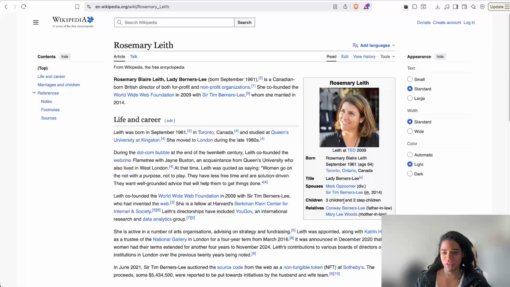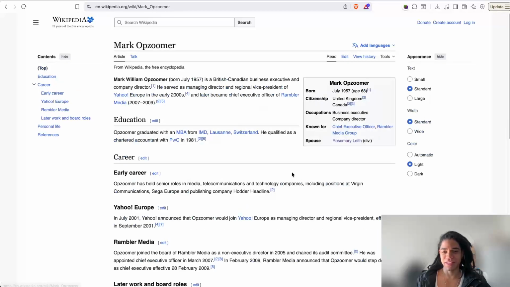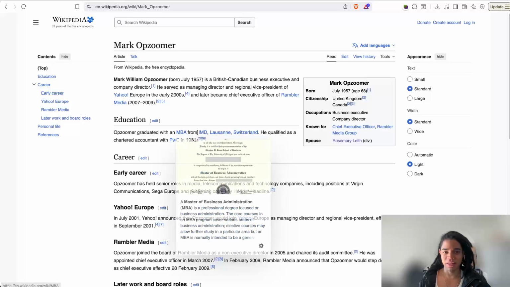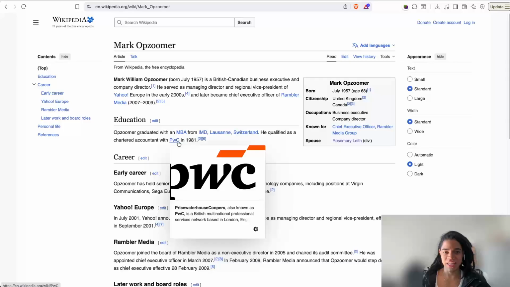So they have 3 children and 2 stepchildren from a previous marriage. She is a British Canadian business executive and company director. Interesting. Graduated with an MBA from IMD in Lausanne, Switzerland. She qualified as a chartered accountant at PwC in 1981.